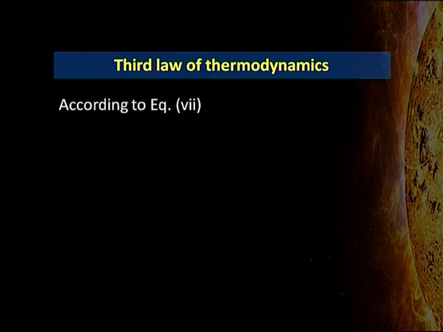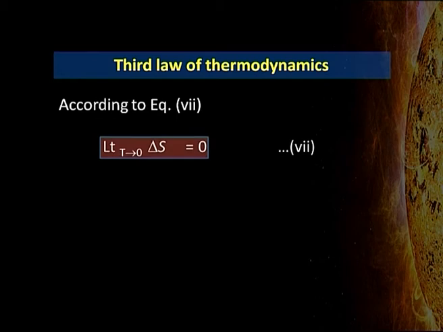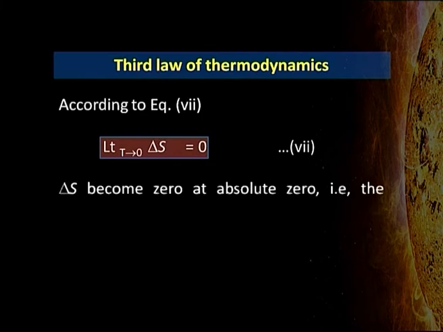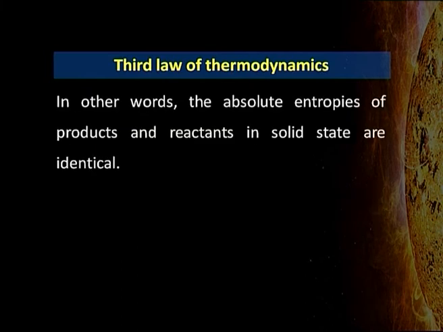Now, according to equation 7, we have the limit of delta S when temperature approaches 0 Kelvin is equal to 0. This shows that delta S becomes 0 at absolute 0. That is, the entropy change of a process involving solids becomes 0 at 0 Kelvin. In other words, the absolute entropies of products and reactants in solid state are identical.